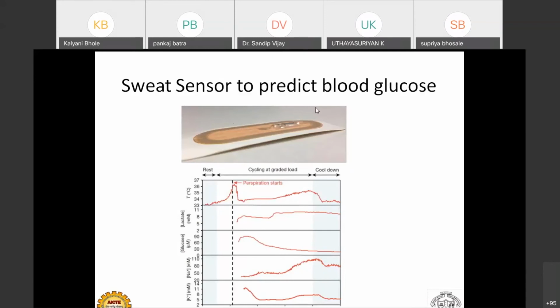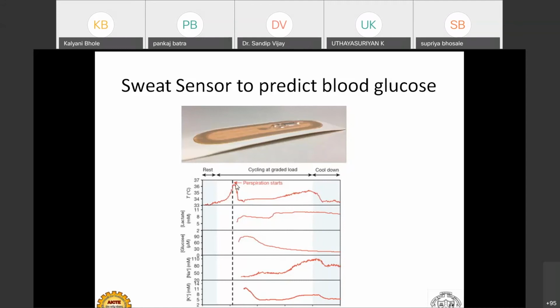A kind of patch sensor, a wearable chemical sensor, is used here, and through the sweat secreted by our body we can measure or predict the blood glucose level.